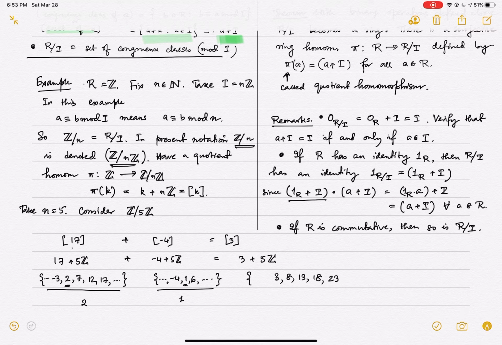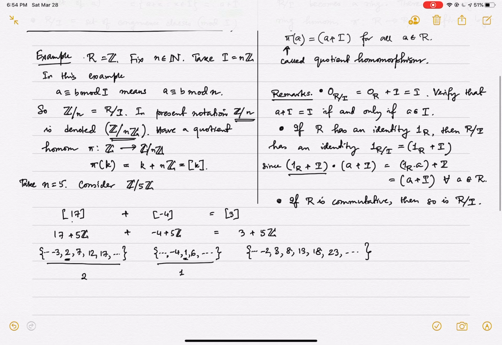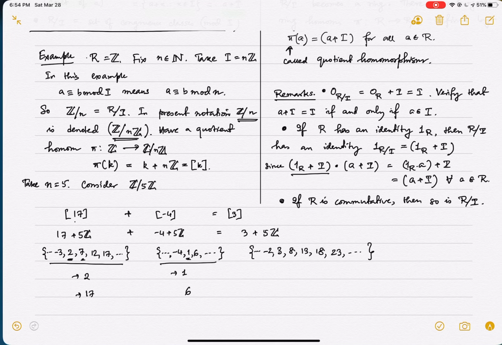Yes, 23, etc. But what was this subtlety? The subtlety is that instead of choosing 2 and 1, you might have chosen, I don't know, 17 and 6. Instead of choosing A and C, you could have chosen A prime and C prime.